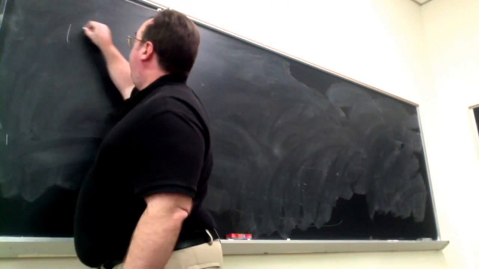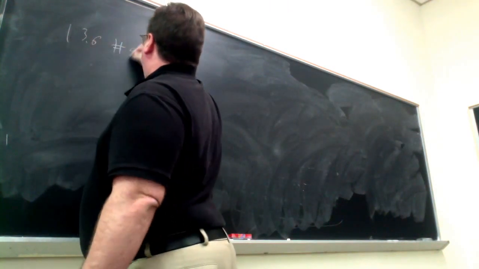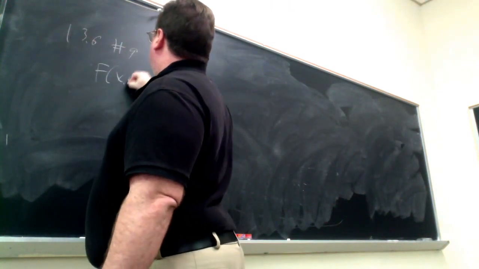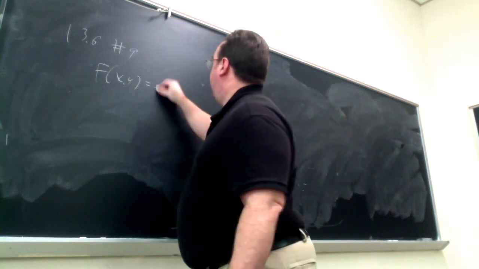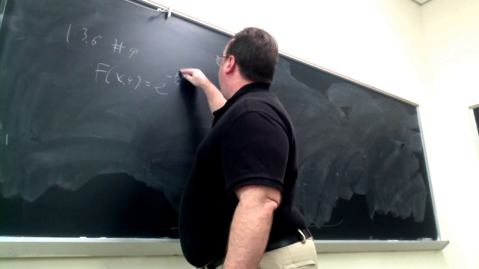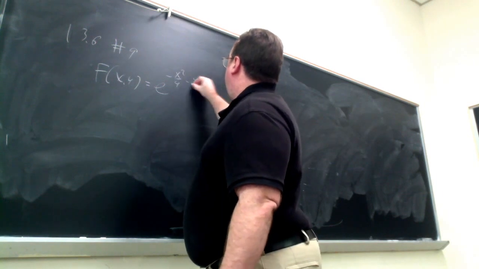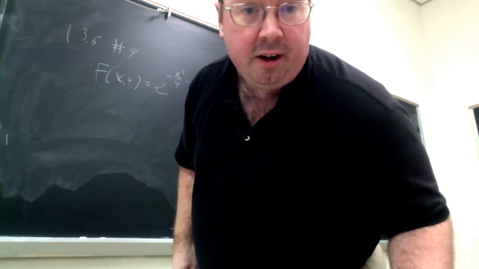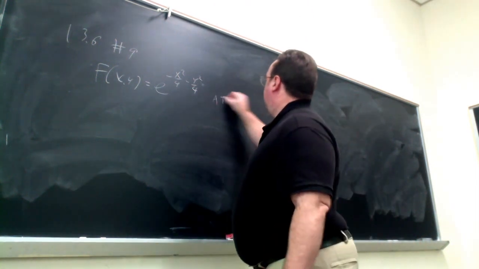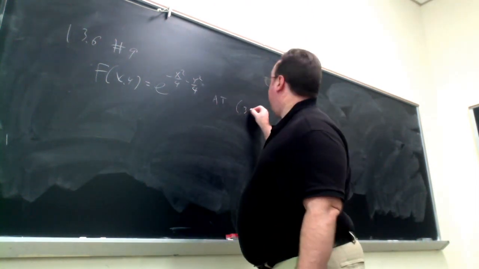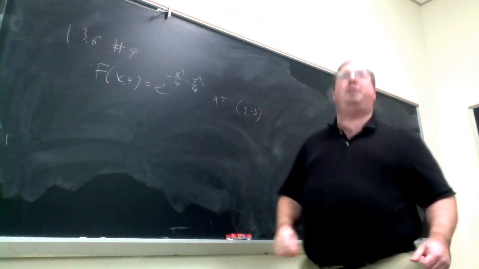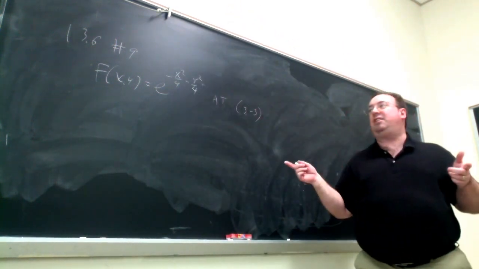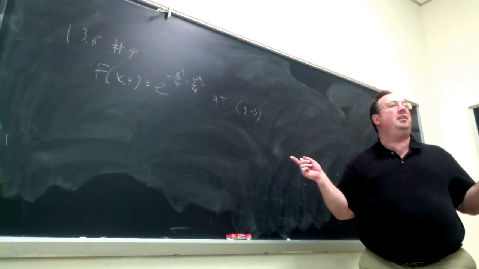All right, so this is 13.6 number 9. The function in this case is e to the minus x squared over 4 minus y squared over 4. And the point is 3, minus 3. Okay. And just to make sure, you guys are all getting a similar problem, different numbers, is that correct? Yes. Okay, all right.